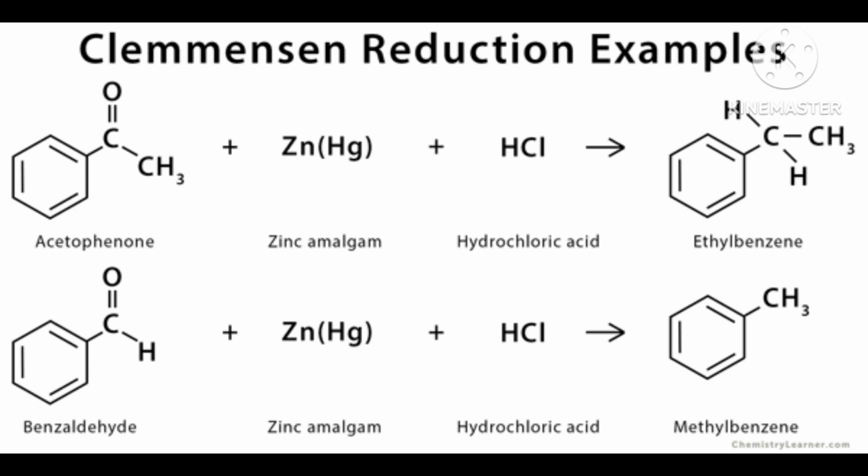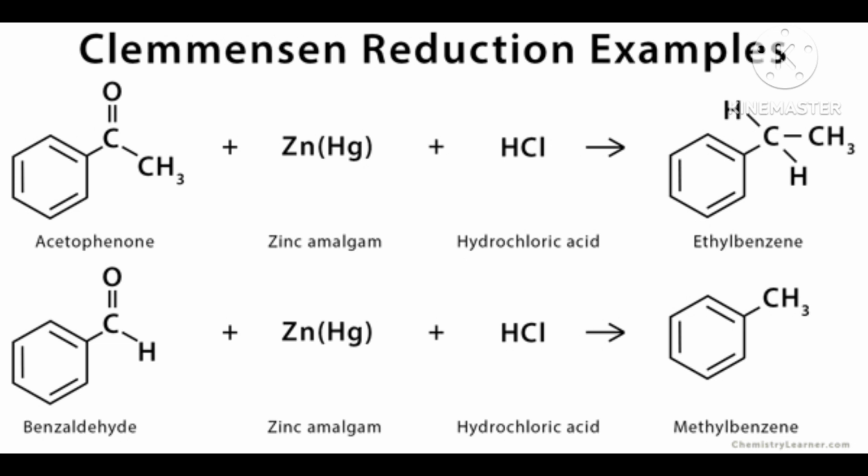Everywhere carbon and hydrogen is there. Same thing will happen in both conditions, by Clemmensen reduction or by Wolff-Kishner reduction you will get hydrocarbon. The reaction is very simple. The main thing is the carbonyl group will convert to CH2.